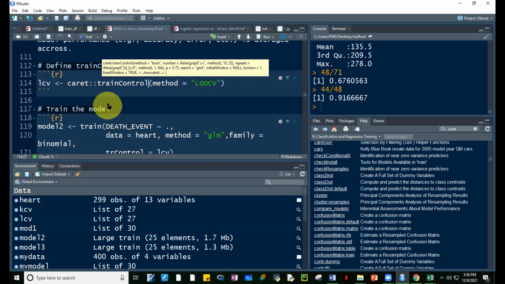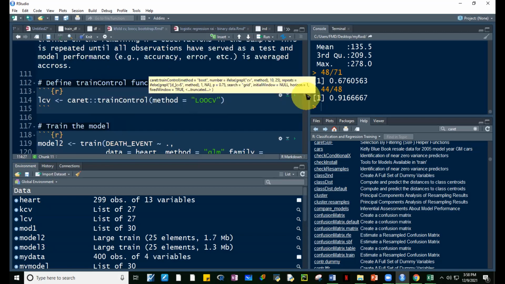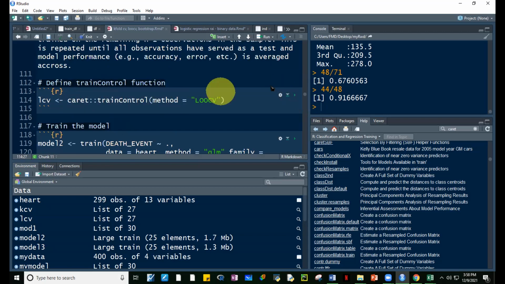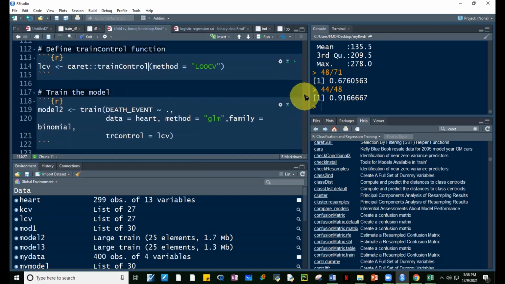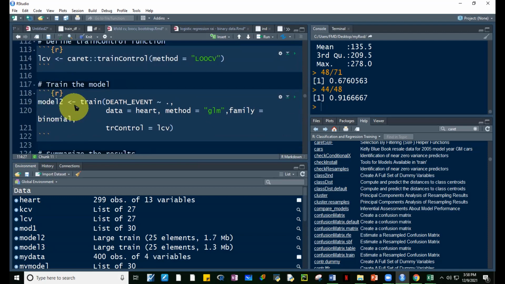Now with caret, guys, it makes it very, very easy. Yung leave one out. So we're creating an object called LCV, leave one out cross validation. And then we have to make use of this train control. I-define natin, guys, ano yung train control natin. So method is equal to leave one out cross validation. Okay, so after that, na-create natin yung train control natin. Gagawa natin yung model natin. Gagamitin natin yung train function.